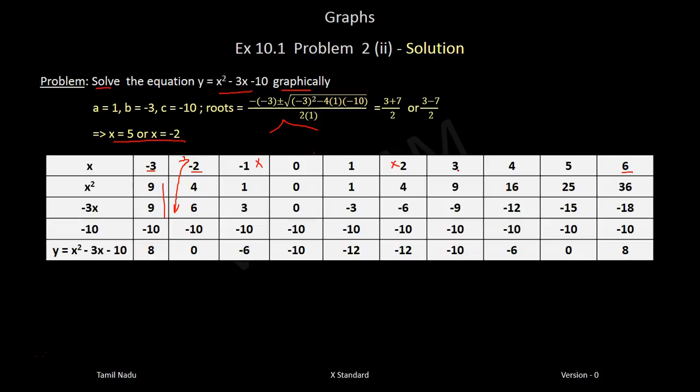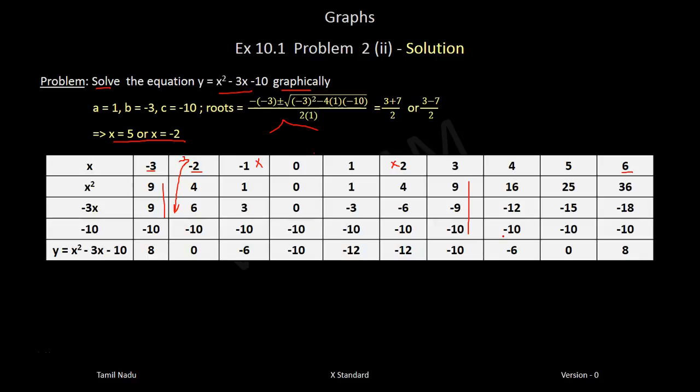Now let's take one case here, x equal to 3. x square is 9, and minus 3x is minus 3 into 3, that is minus 9, and minus 10 is a constant. So adding these three, this and this will cancel, so you will get y equal to minus 10. Like that, you can fill up this table.